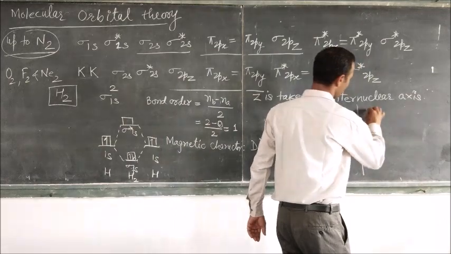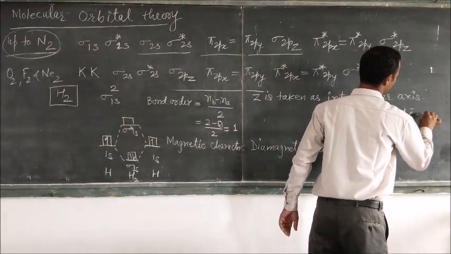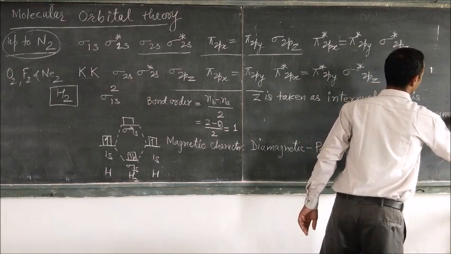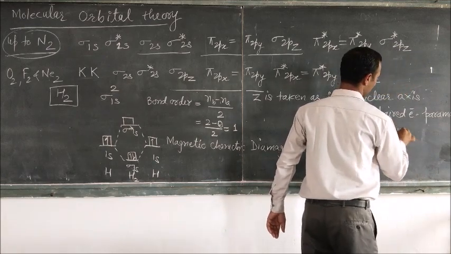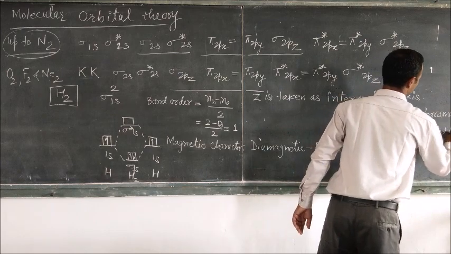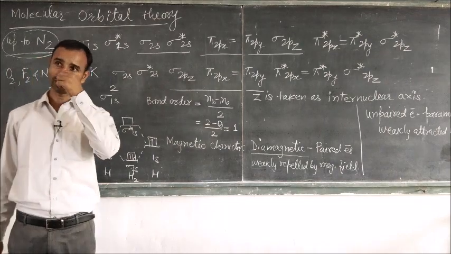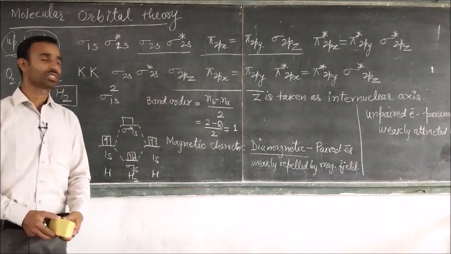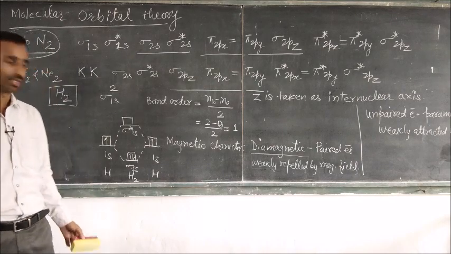And if they have unpaired electrons, then it is paramagnetic. And paramagnetic means they are weakly attracted by the magnetic field. Diamagnetic substances are weakly repelled by the magnetic field. Paramagnetic substances are weakly attracted by the magnetic field.